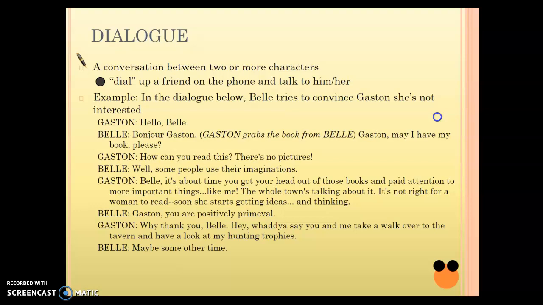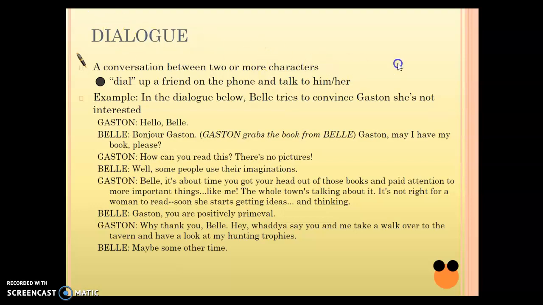It's not right for a woman to read. Soon she starts getting ideas and thinking. Gaston, you are positively primeval. Why, thank you, Bill. Hey, what do you say? You and me take a walk over to the tavern and maybe have a look at my hunting trophies. Maybe some other time.